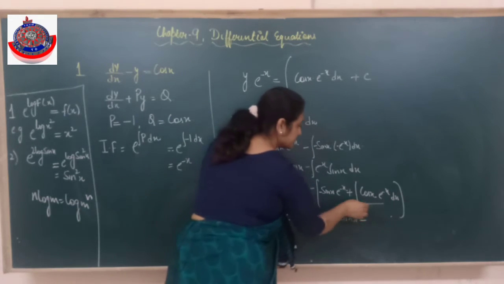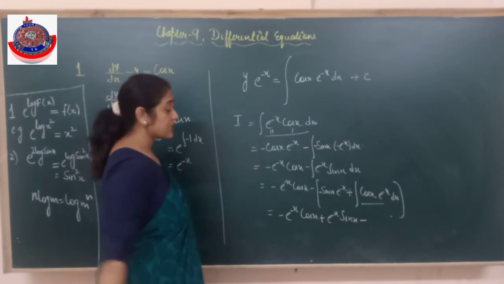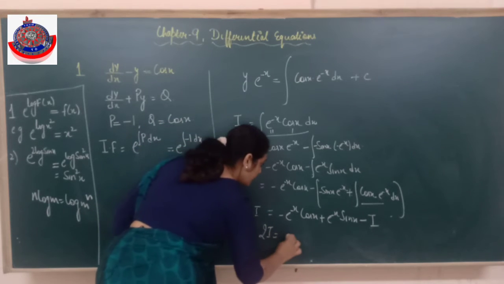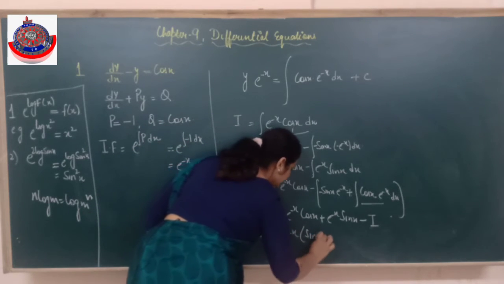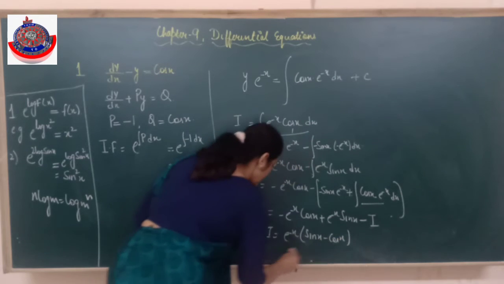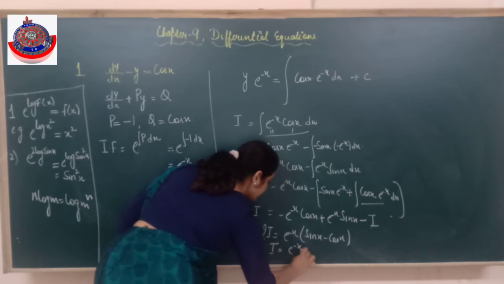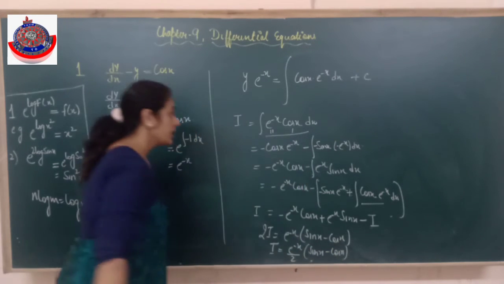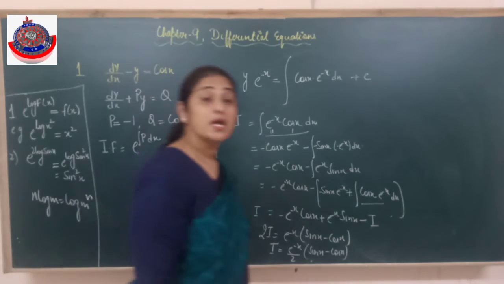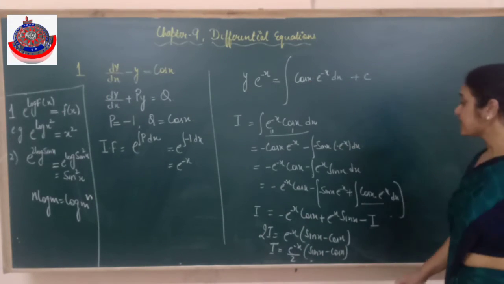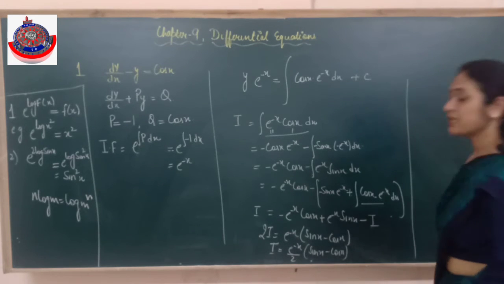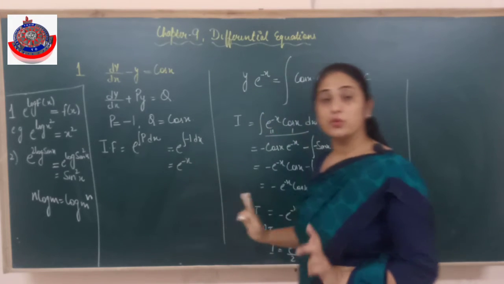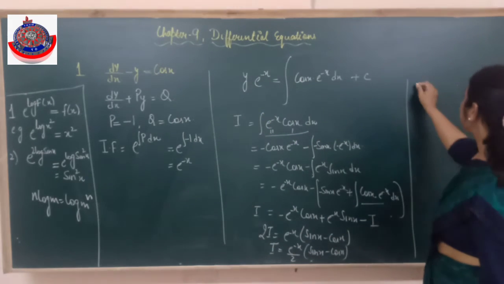What is this? That is I. So 2I is equal to e raised to power minus x, I am taking common. So I is equal to e to the minus x by 2 times sin x minus cos x. Got it? So we got the integration of cos x into e raised to power minus x. I told you, if you remember the integration, then only you will be able to proceed from here. Otherwise, you will be able to do up to here only. That's it. Clear? So put the value.